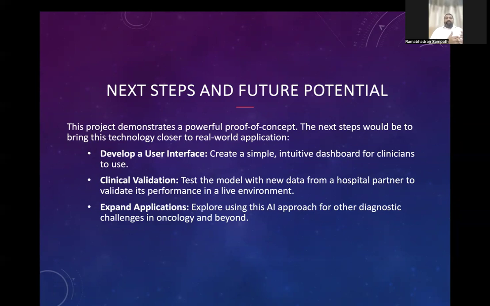Even some clinical validation can be done with partners. We can also get more new data sets, which will improve the model accuracy by adding a few more new patients' results.